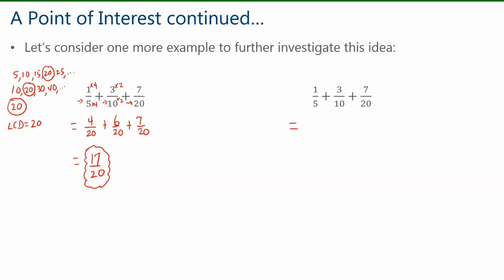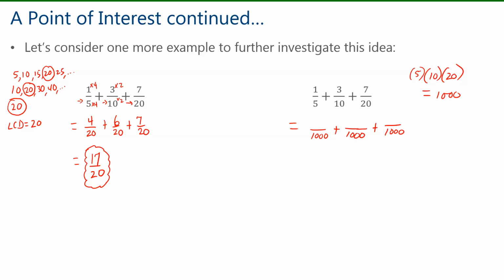Let's use the idea that was presented on the previous slide with multiplying denominators here for the second time around. So I have a 5 times a 10 times a 20. You multiply those numbers together and you will get 1,000. So what I'm going to do is rewrite each of these fractions with a denominator of 1,000. So it is common.